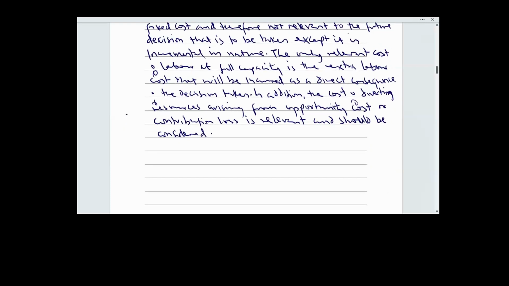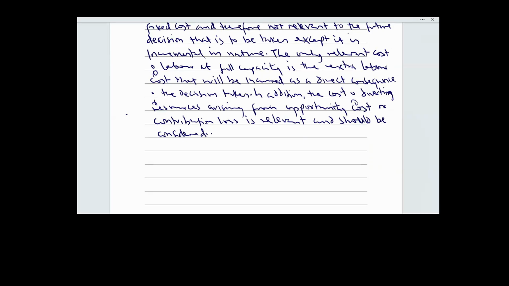All right. So in a question, when you are given salaries, you should know that salary is irrelevant cost because it is fixed in nature. Remember, relevant costs are costs that will influence the decision that you want to take. They are future costs. Any cost that is fixed is not going to change anything.